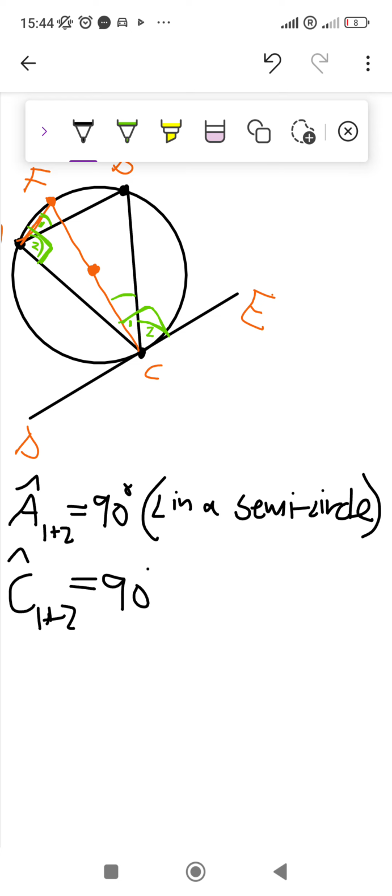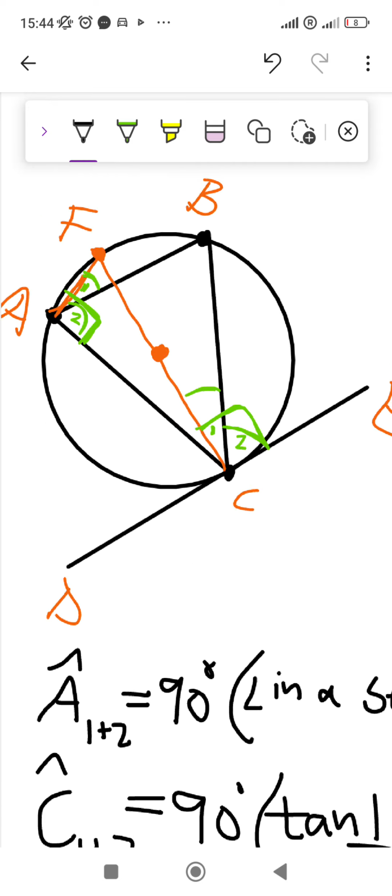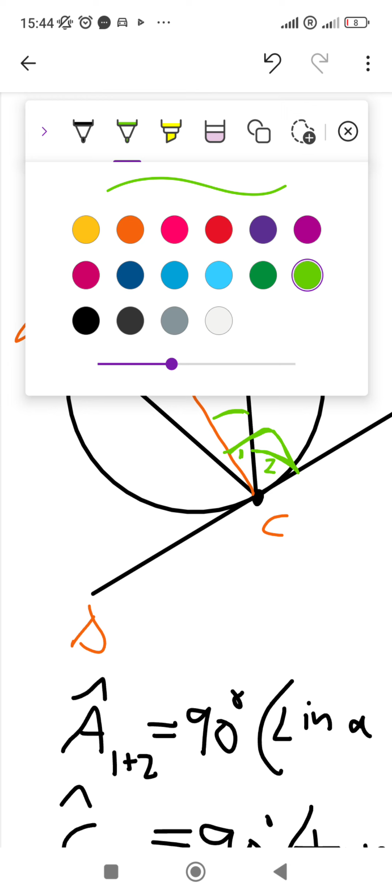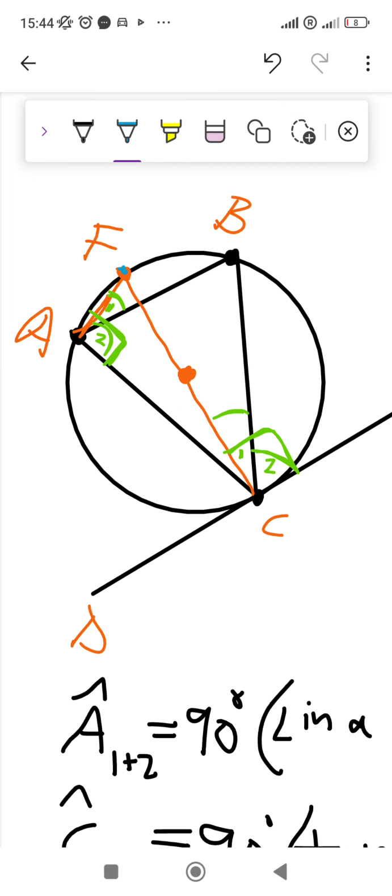A reason for that is tan perpendicular to radius. Okay, so we have those two 90s. The next thing that we see, let's go look back at the picture again. We see F and B subtend to create angle A1. We see F and B subtend to create C1.